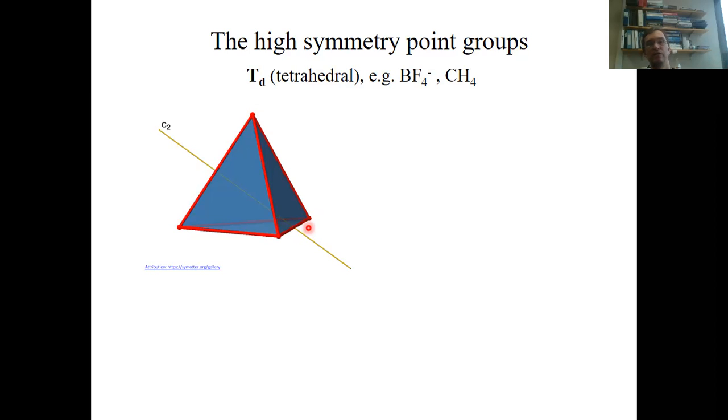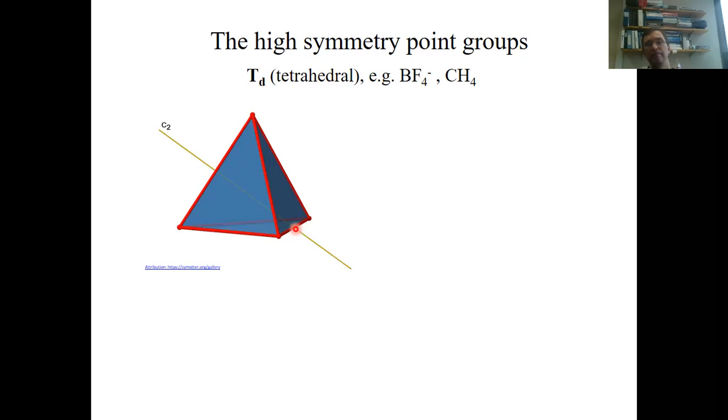Now how many of these C2 axes will we have? In this case, our C2 axis goes through the center of 2 edges. So in order to calculate how many of these C2 axes we have, we can count the number of edges, divide that by 2, and that's our number.